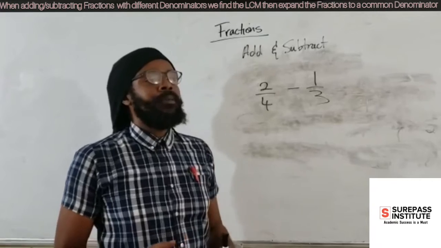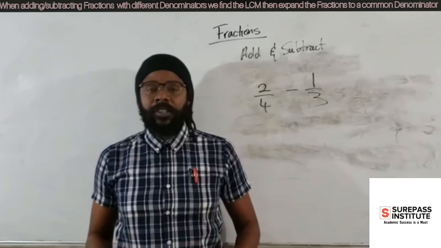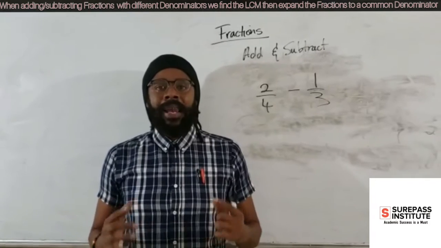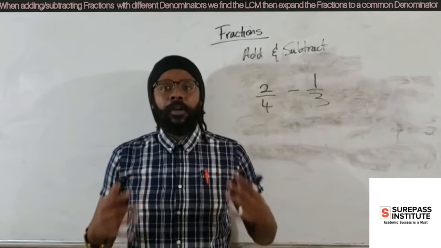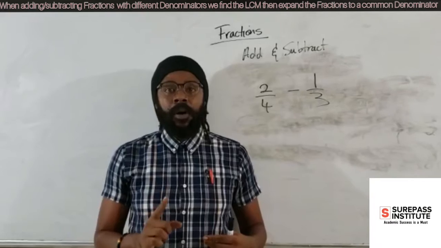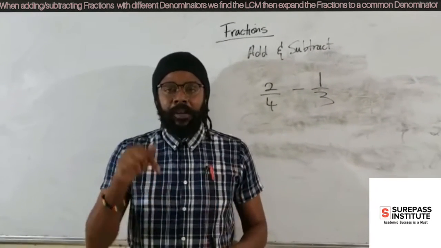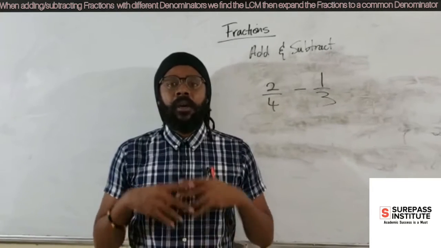The concept says this: when you're adding and subtracting fractions with different denominators, we should always find what is called the LCM, which is the lowest common multiple, the smallest number that the given numbers can go into without leaving a remainder.